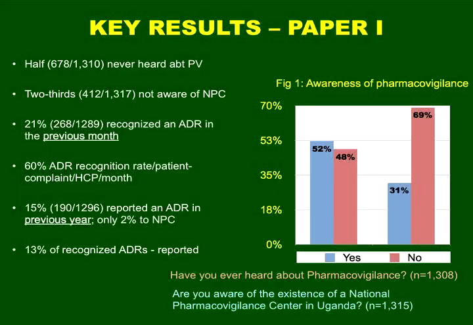We also got feedback from the respondents where they said that there was poor feedback from the NPC and from the district directors of health services, as well as from the drug manufacturers. Now, only 13% of all detected ADRs were reported.